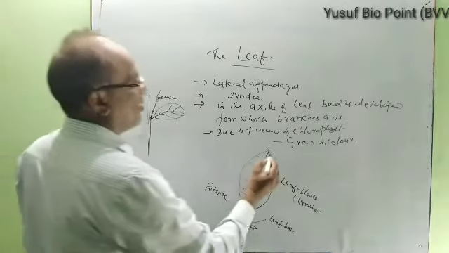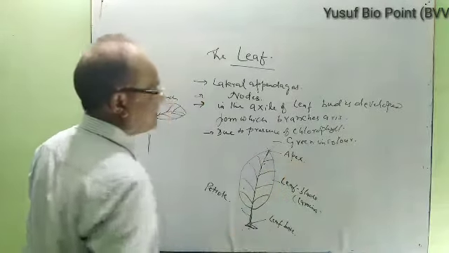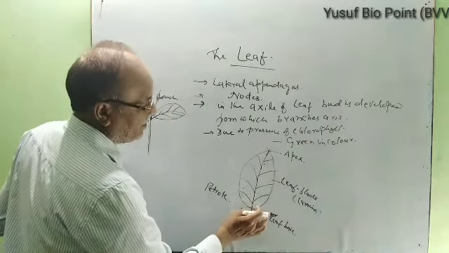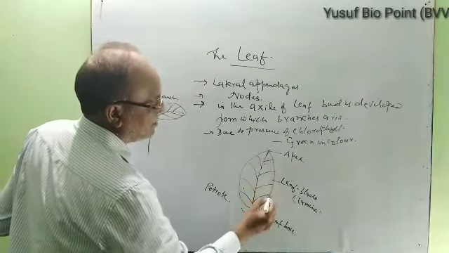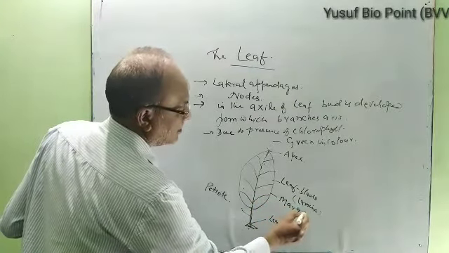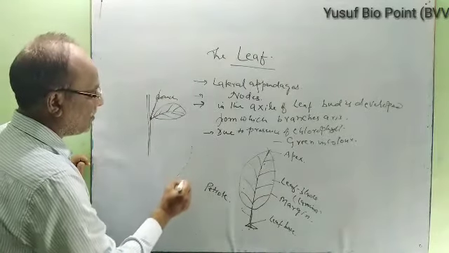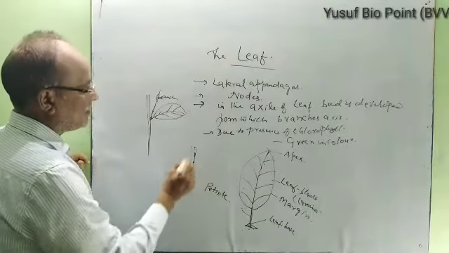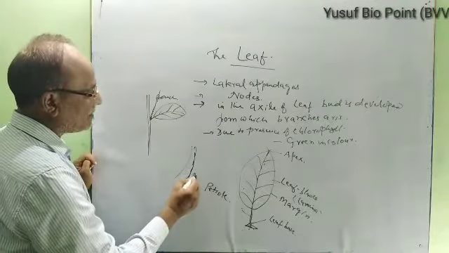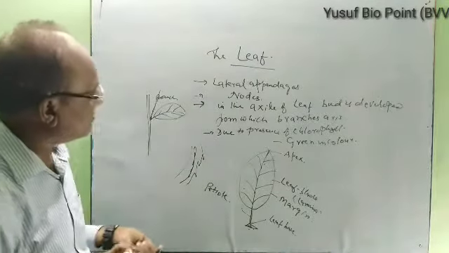And the topmost part is called the apex. The side parts which you see are called the margin. The margin may be smooth or may be shredded, of several types.